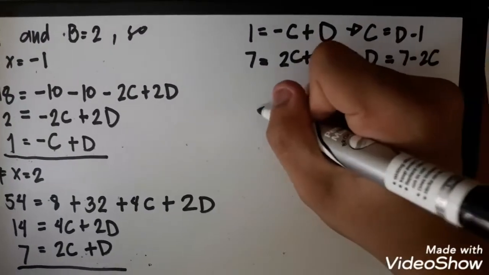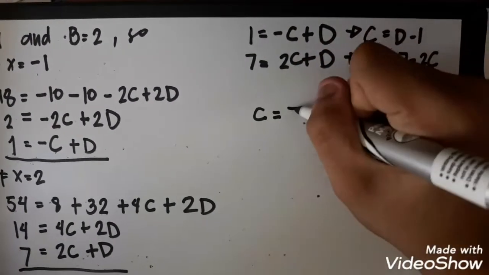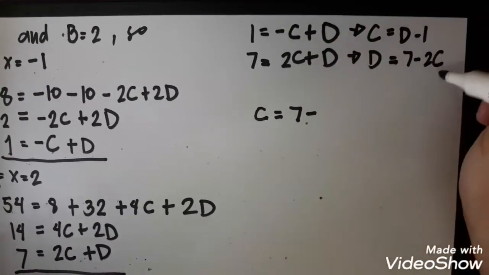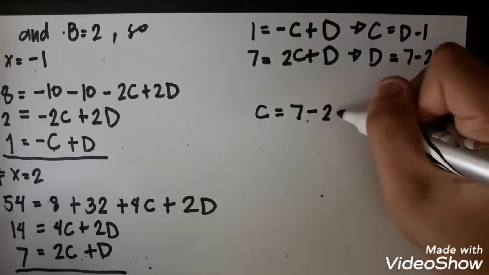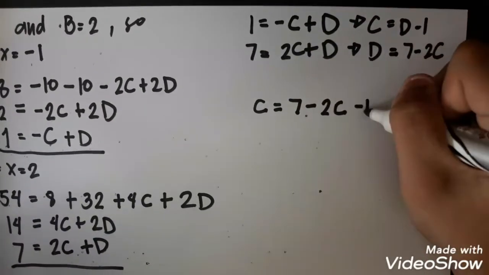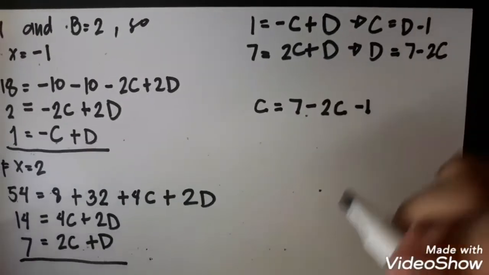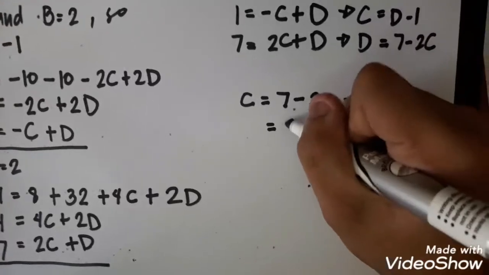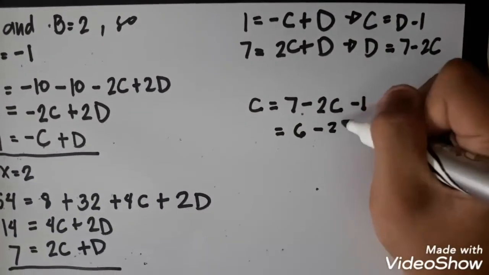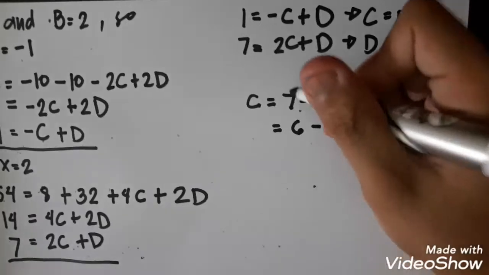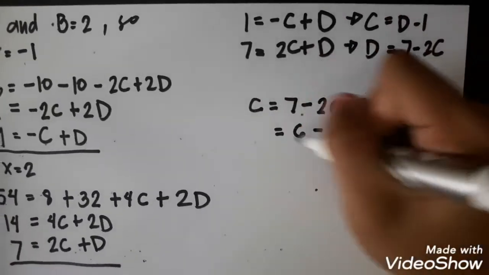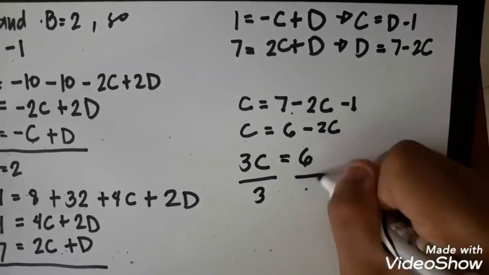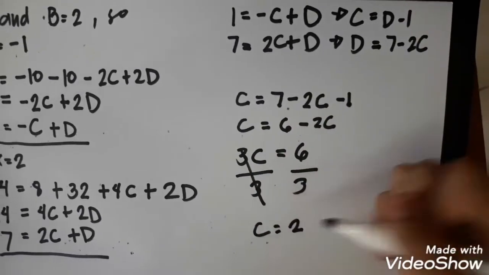So c plus 1 is equal to 7 minus 2c. Then 3c is equal to 6, divided by 3, c is equal to 2.